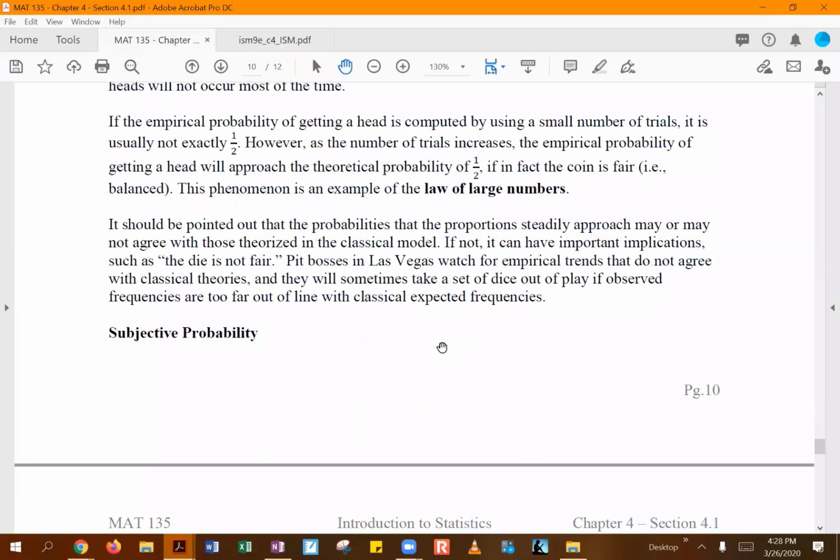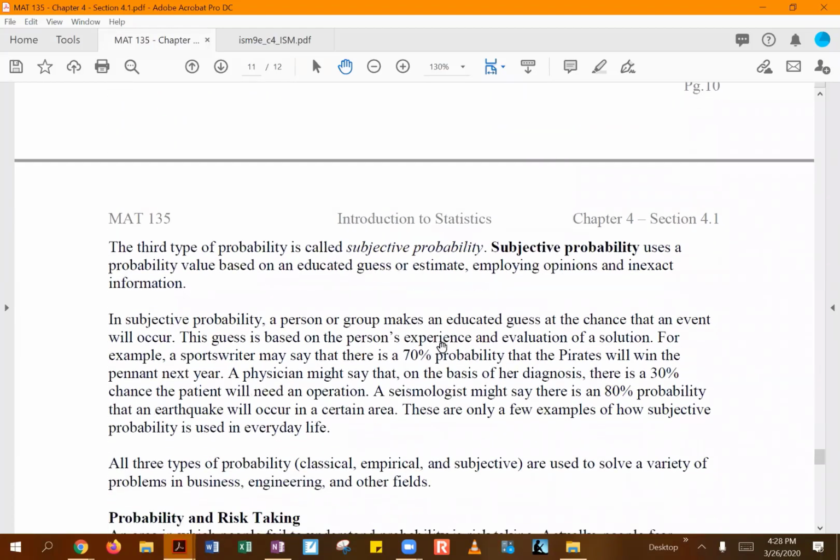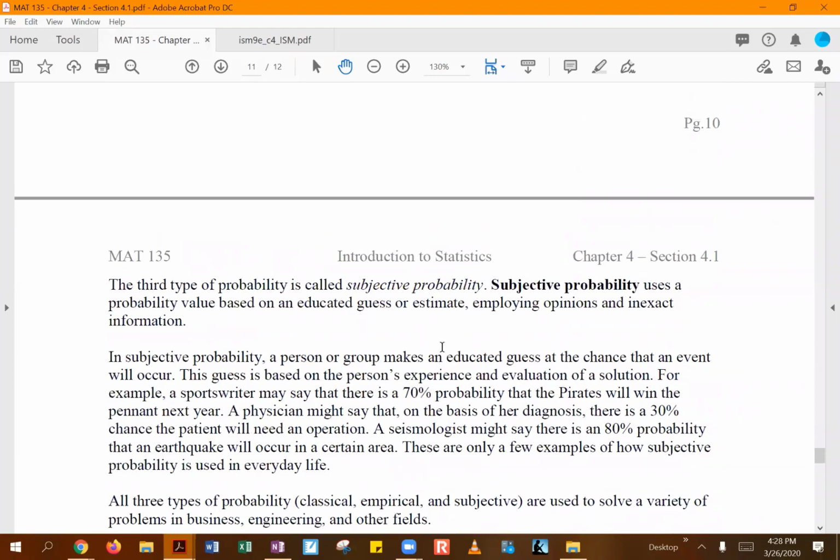Okay, so the last thing that we want to talk about in this section is subjective probability. So we've looked at classical, we have looked at empirical. So this last part, the subjective probabilities, as you can see here, is talking about using an educated guess or an estimate by employing opinions and sometimes inexact information.